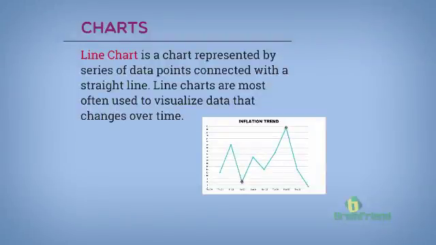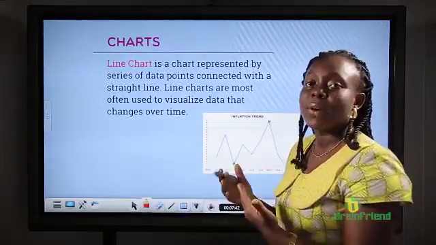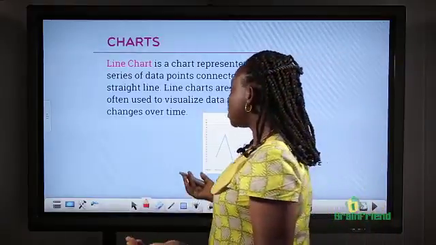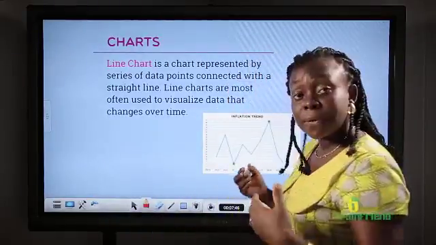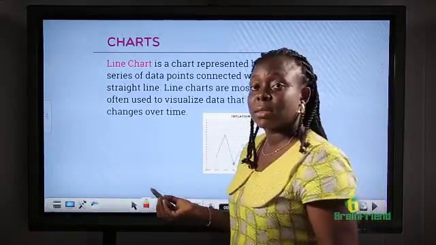The next chart is the line chart. A line chart is used basically for activities that change over time. Such activities could be like inflation or interest rates.